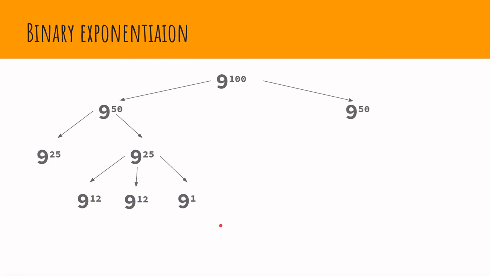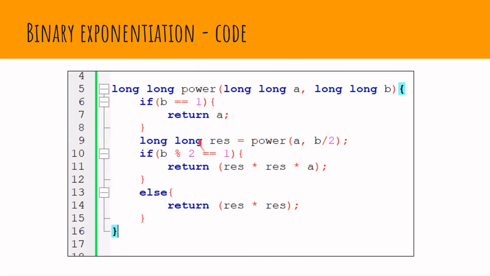Now if I talk about the code, it is a recursive function. The first parameter is a and the second parameter is b. We are going to calculate a to the power b. Let's first come to this portion. I have this result equals power of a and b by 2. As you can see, I have divided b in half and then I am calling the same recursive function.